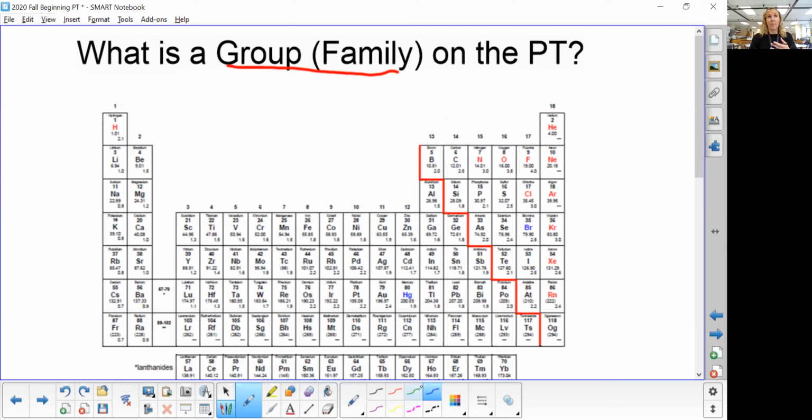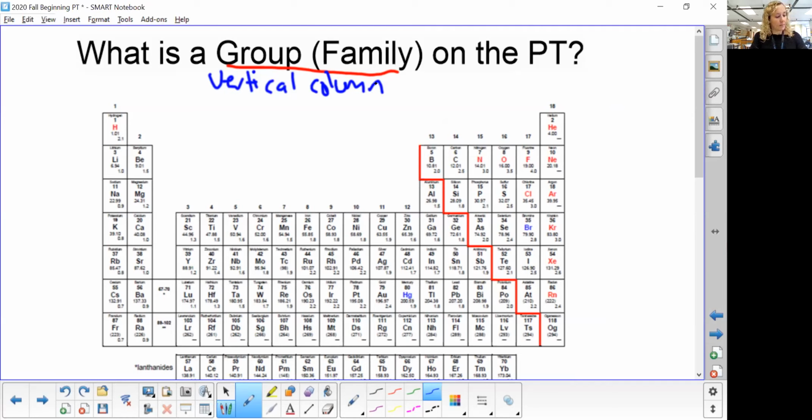Like my family unit, my mom, my dad, my brother, we're a family by blood and we have similar characteristics. We're not the same, but we're related or we have something in common. So a group or family is a vertical column on the periodic table.